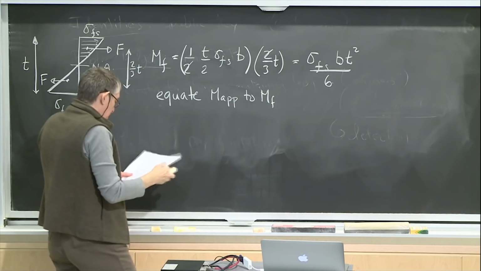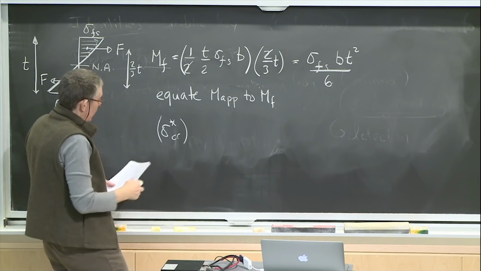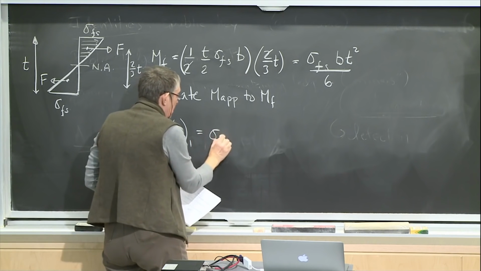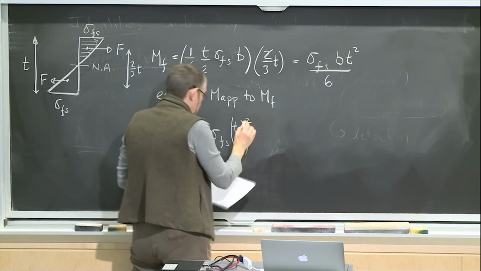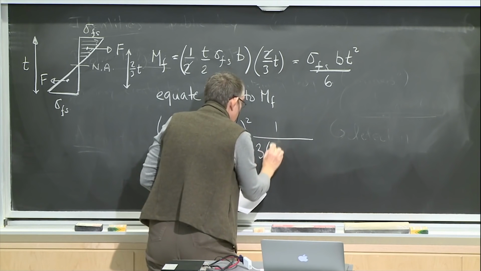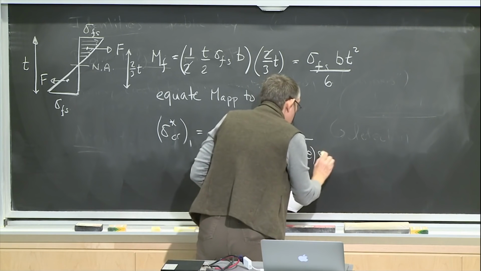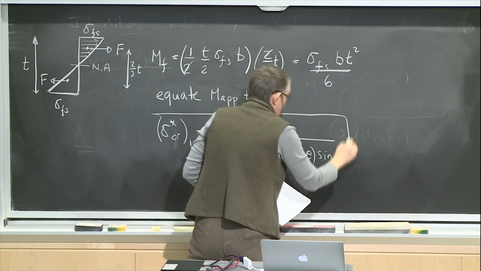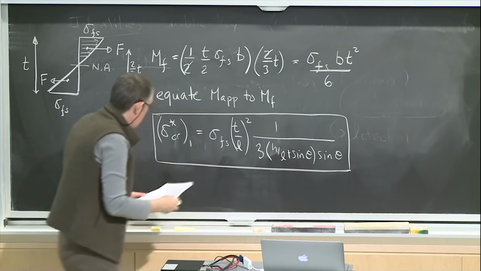And if you do that, the result you get is this plateau stress for brittle crushing in compression. In the one direction, it's sigma Fs, the modulus of rupture of the cell wall, times T over L squared, and then divided by a geometrical factor.